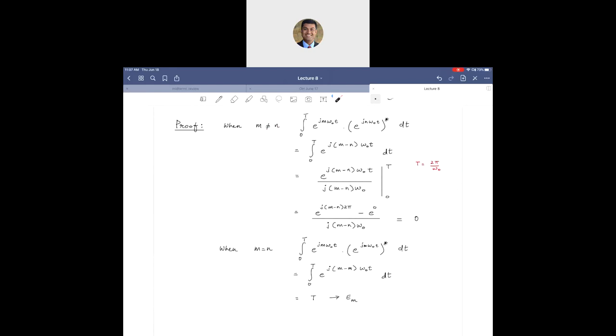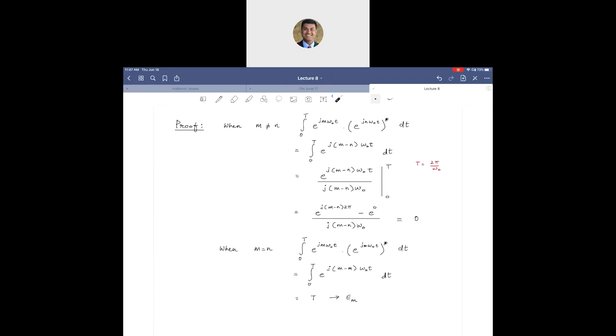Let's check. We are considering this for time period 0 to cap T, where T again is 2 pi divided by omega naught. We take the first signal f_m(t) to be e to the j m omega naught t. Then we multiply it with the conjugate of f_n(t). So what is that?